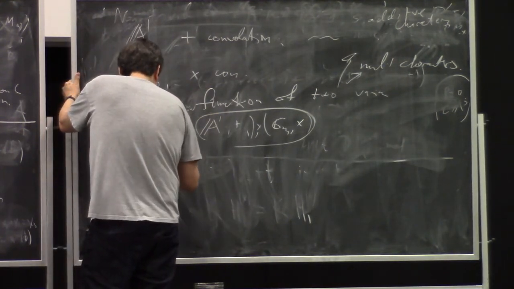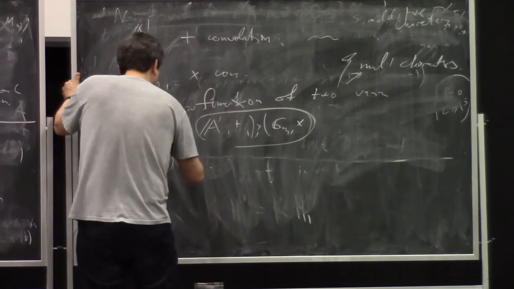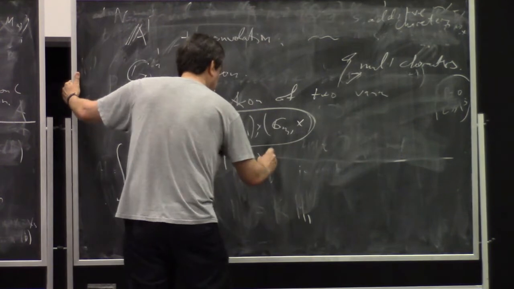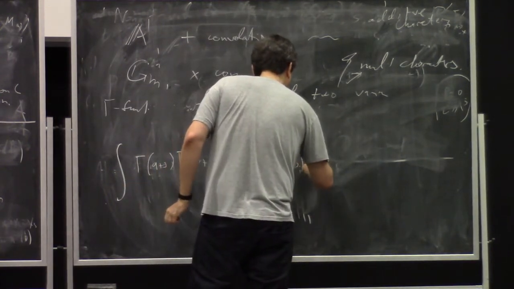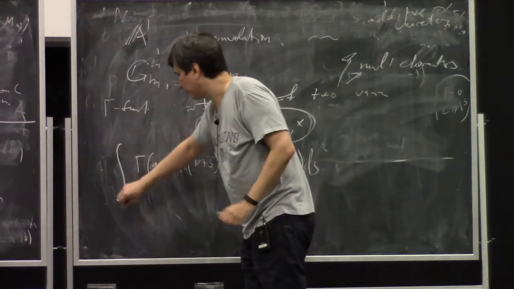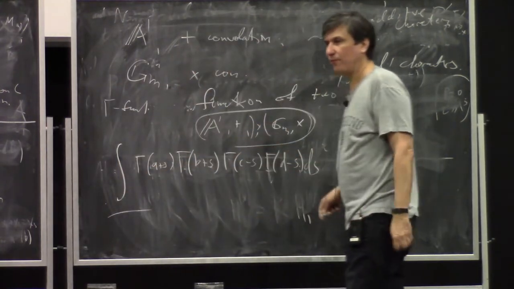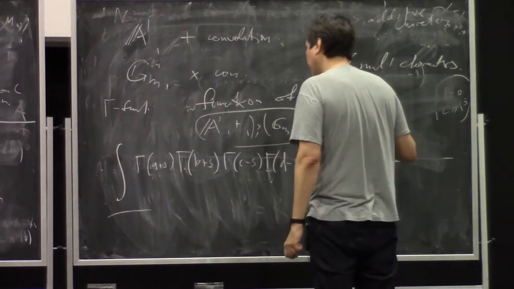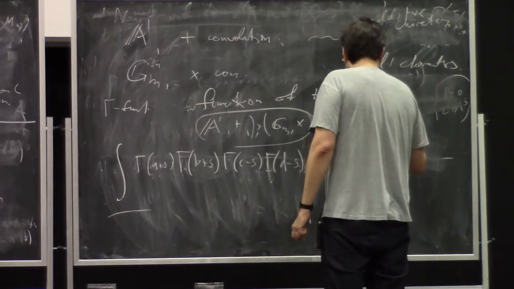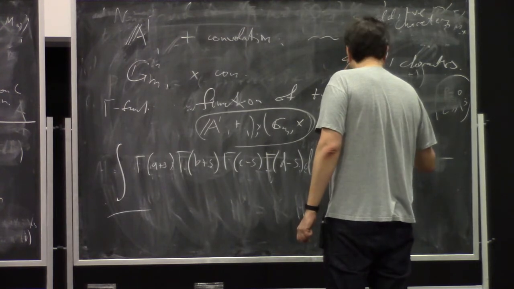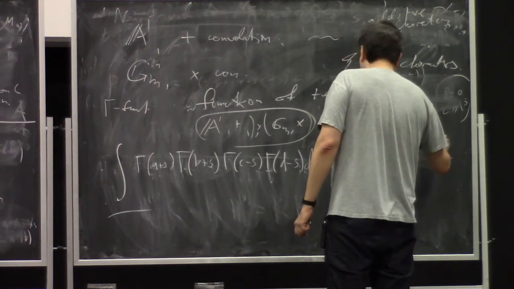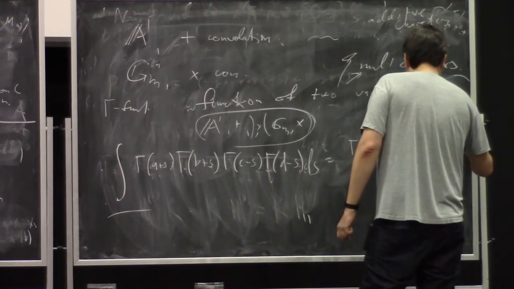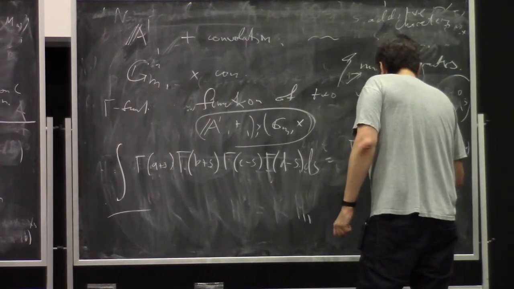If you integrate over an appropriate contour the product of 4 copies of the gamma function, you get something complicated, something like this.